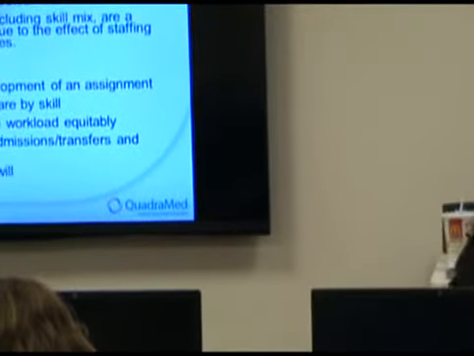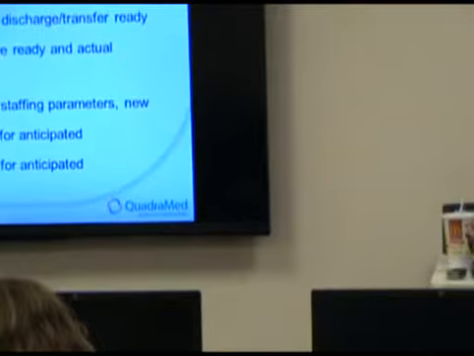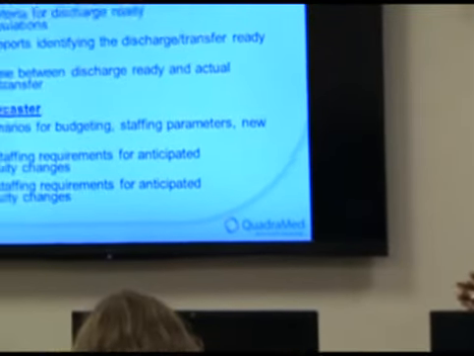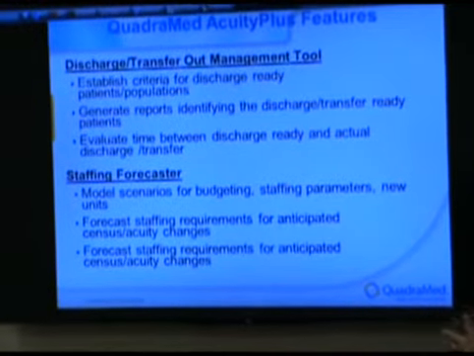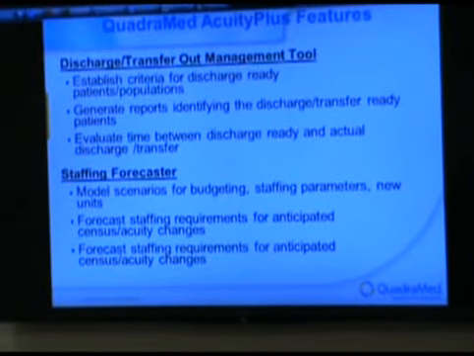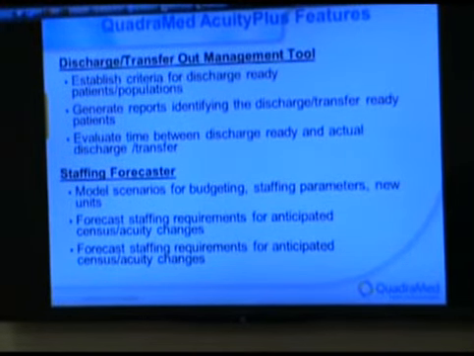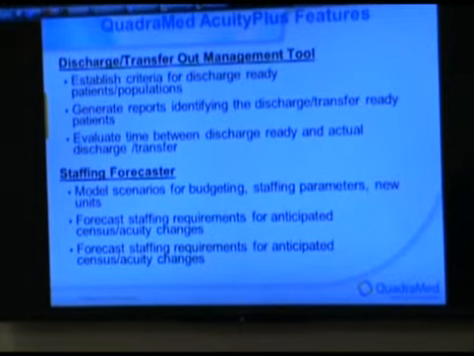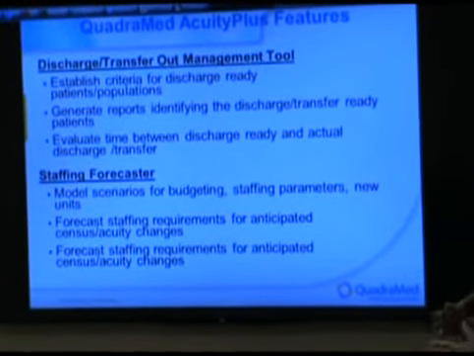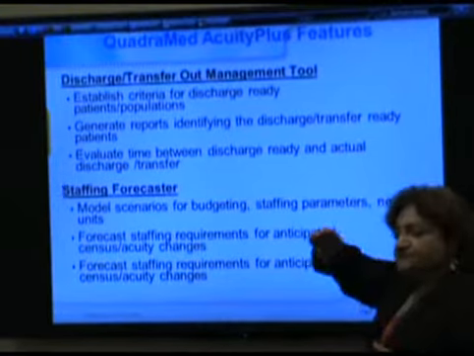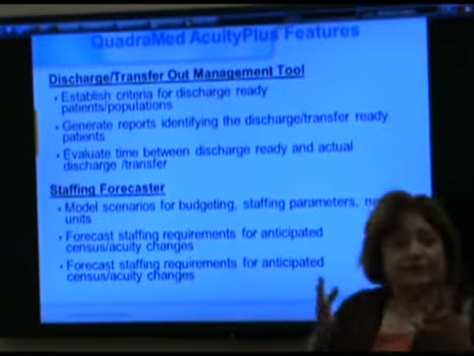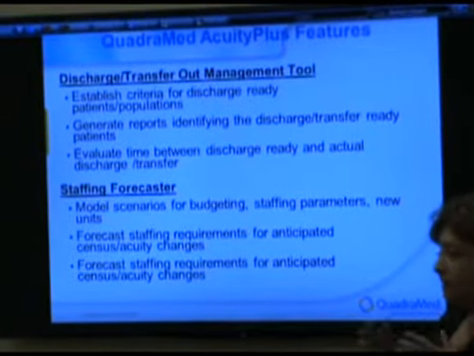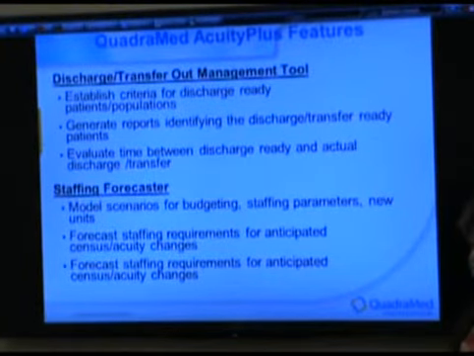Okay. The other is a tool called the Discharge and Transfer Out Management tool. It allows you to create discharge criteria by unit, to say, if this patient meets this criteria, maybe we should look at whether they're ready to go home or transfer to another facility.